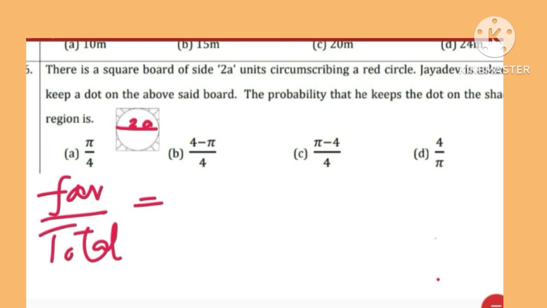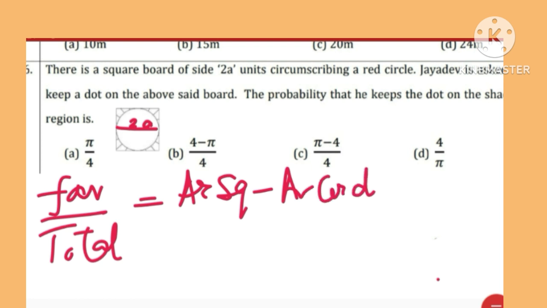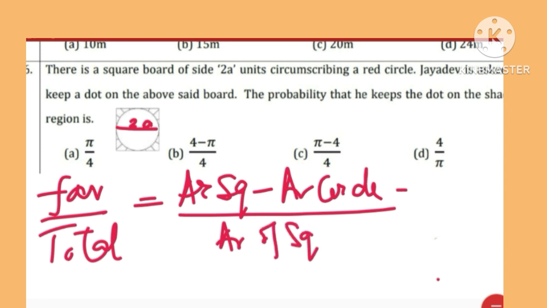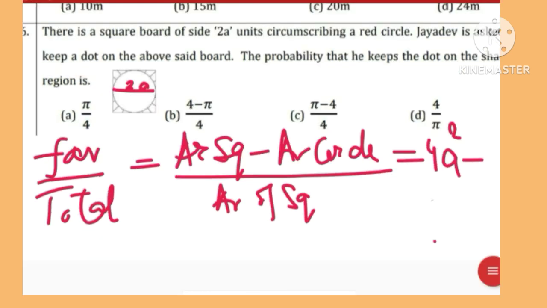Favorable case is area of square minus area of circle, that is our favorable case, and total case is obviously area of square. So let us solve this. Area of square will be 4a square minus, for area of circle radius is a, so it will be pi a square, divided by what is area of square, 4a square.